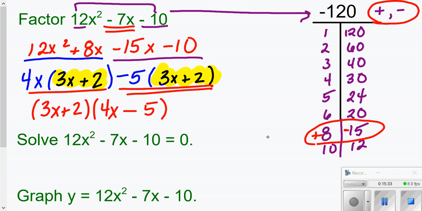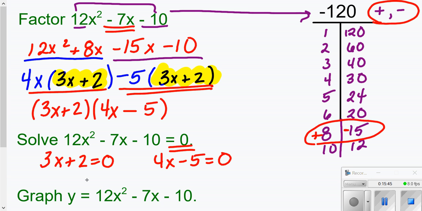That would tell me, if I were solving an equation that was set equal to 0, I would set each factor equal to 0 to solve, and the results of those, the negative 2/3 and the positive 5/4, would be my x-intercepts on my graph.